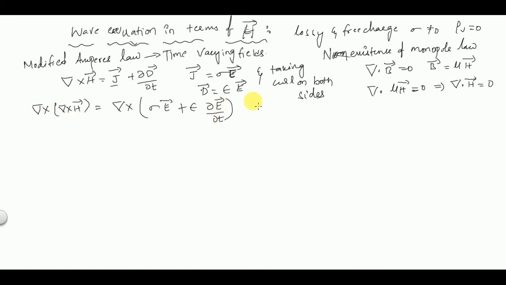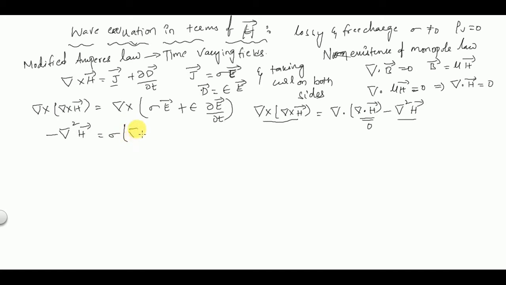From the vector triple product we have del cross del cross H bar is equal to del of del dot H bar minus del square H bar. But del dot H is equal to 0, so del cross del cross H can be replaced with minus del square H. So this becomes minus del square H bar is equal to sigma into del cross E bar plus epsilon into dou by dou t of del cross E.